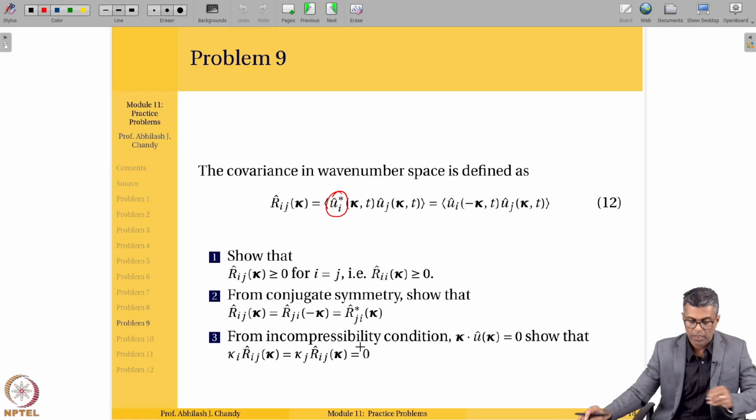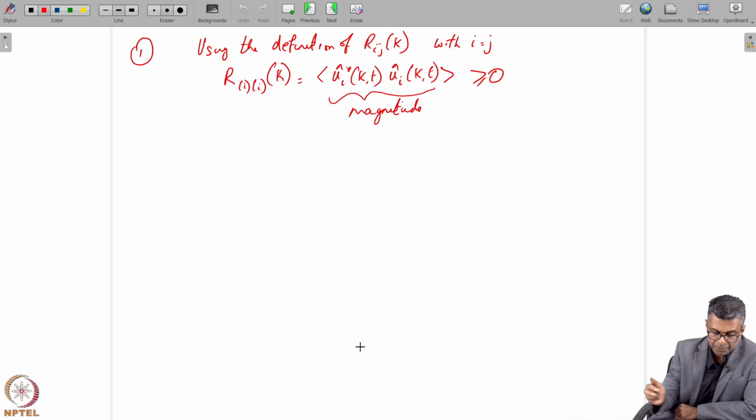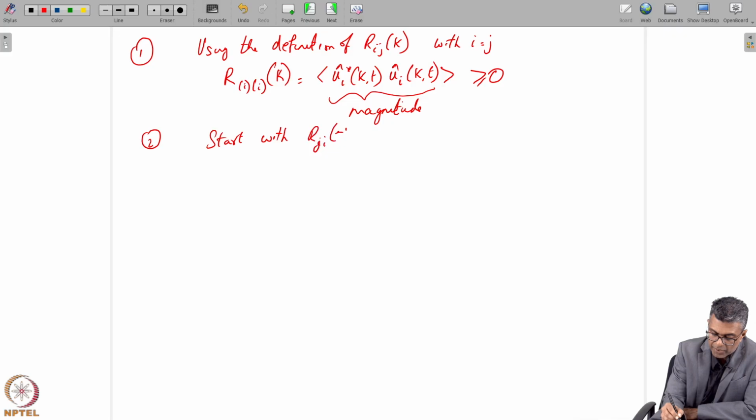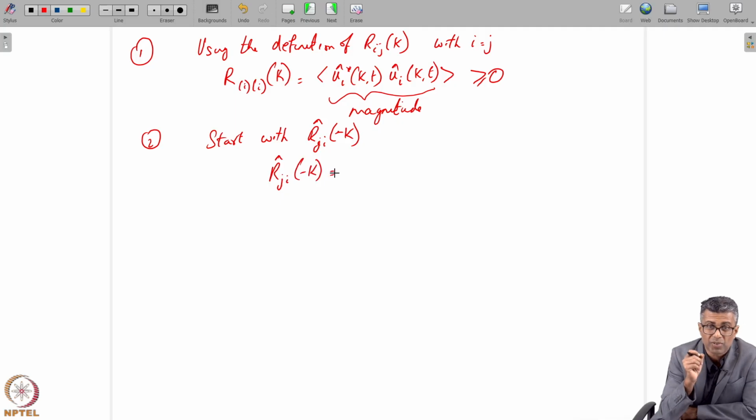Let us see how to do that. I'll start with Rji hat of minus kappa. Then what will I have? I will have Rji hat, of course, of minus kappa is equal to, now I'm going to use the definition of Rij that was given in the problem.